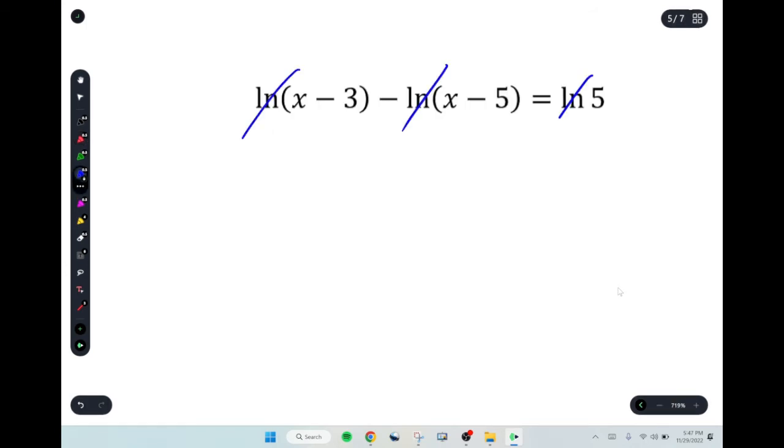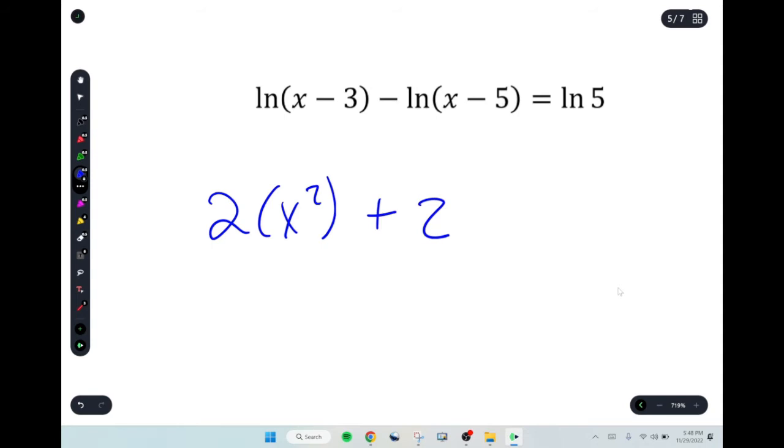Yeah, like that's an instinct, right? No, it's okay to acknowledge that it looks like I should be able to do it. The reason it looks like I should be able to do that is because usually in math, if I had a 2x squared plus 2 equals 2y, you could reduce all those.